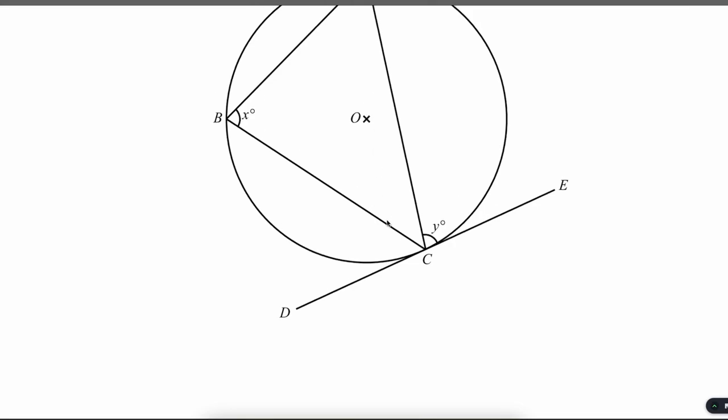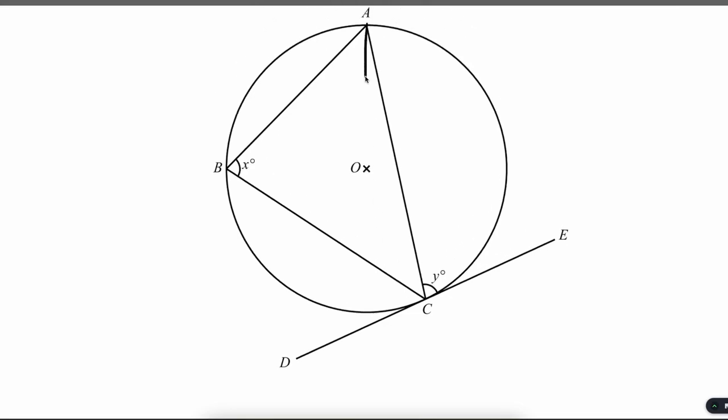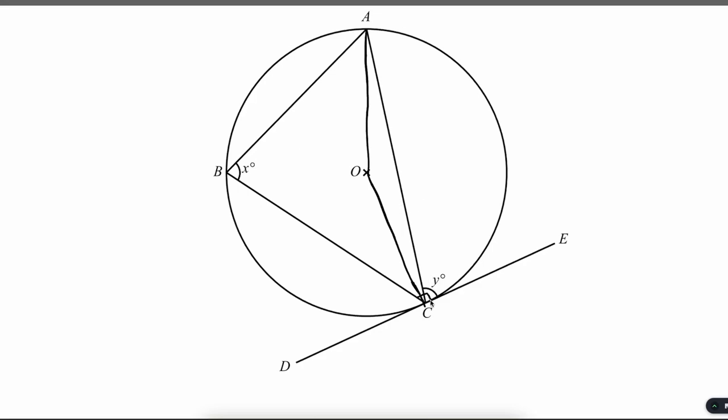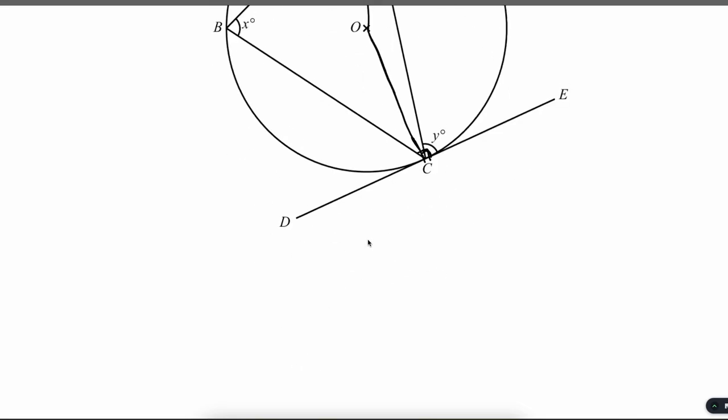We have to use this O here, so if we draw a line AO and a line OC, then you can see here that this is a radius, so this will make a 90-degree angle with the tangent. So let's write that down. Angle OCE equals 90 degrees, and the reason is DCE is a tangent to a circle.